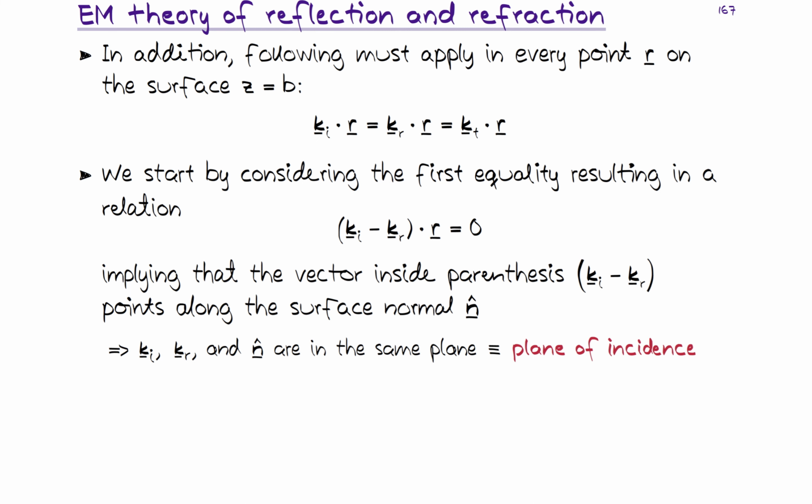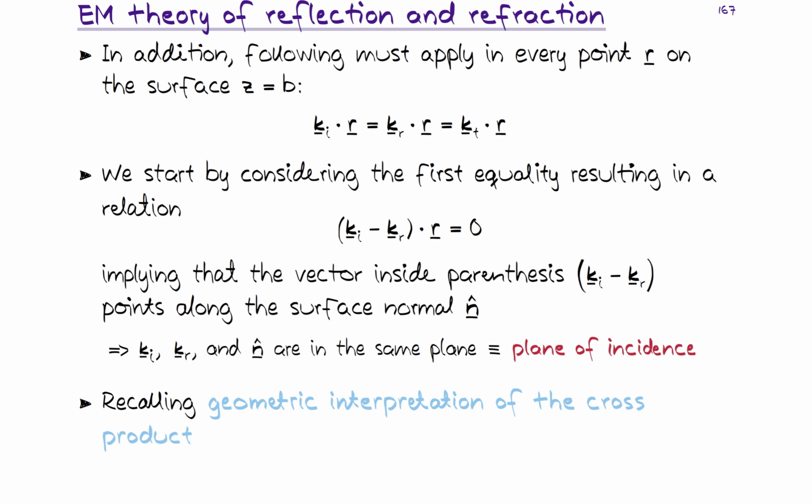And this is quite nice. It arises from k_i minus k_r dot r, and if the dot product always gives 0, then this vector must point along the surface normal, as otherwise this would not be possible, and it implies that these are all in the same plane.